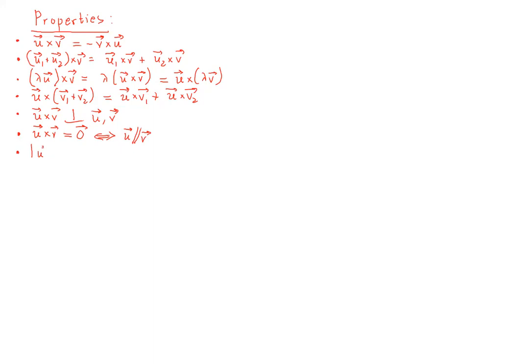The magnitude of the cross product is the product of the magnitudes times the sine of the angle between them. And here we should say that this is identified with a very specific number through simple trigonometry. This is the area of the parallelogram spanned by u and v.